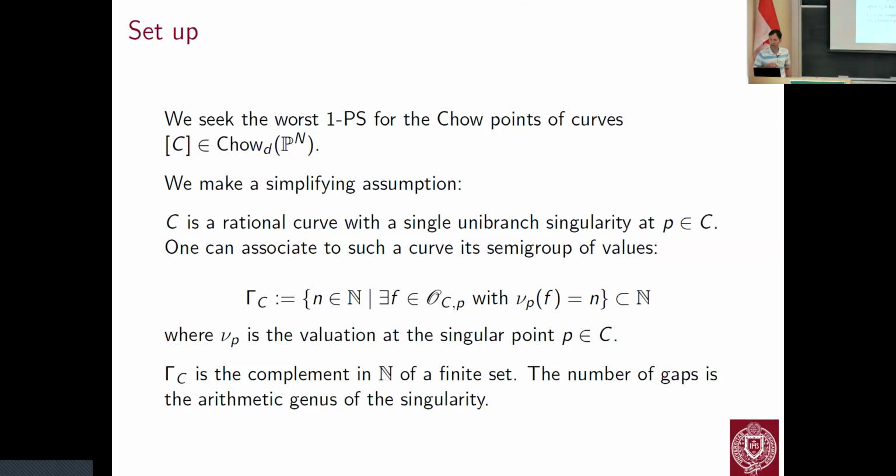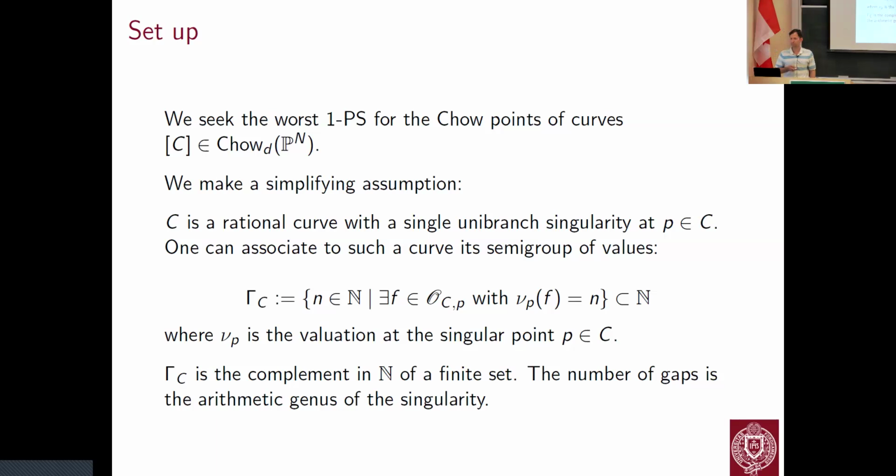Yeah, the group involved, sure, it's SL_{N+1}. But that group may not stabilize C. For all sufficiently high degrees, by Mumford and Gieseker's theorem, this will be unstable. I didn't mean to say stable. The group SL_{N+1} can carry the curve onto a completely different curve.